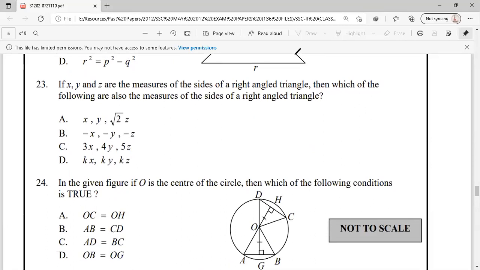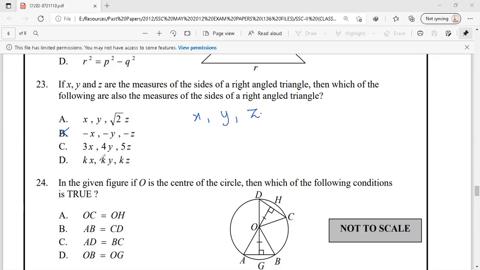In question number 23, x, y, and z are the measures of the sides of a right triangle. Which of the following are also measures of the sides of a right angle triangle? These options could not be correct because they are negative and negative sides do not exist. So x, y, and z are the sides of the triangle.